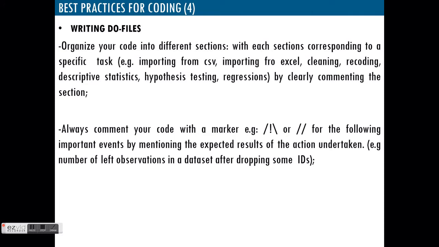You also always have to comment your code, so always put a comment after a line to explain what the line is doing, what the command is doing, what you intend to do. That's very important because, as I said, your mind can play tricks on you. I know sometimes you believe it's not necessary, but it's very important to do it for yourself, and for other people to replicate your work.